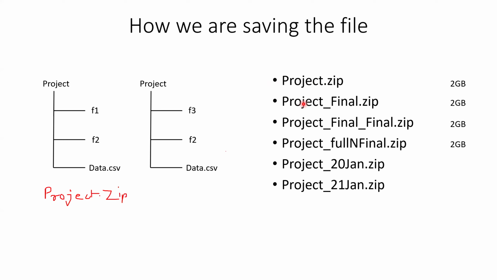Another change, another 2 GB of space, another change, another 2 GB. So if I created 6 versions of it, the one project where the actual size was just 2 GB is now, because of the multiple versions, taking 12 GB of space. How much? It is 12 GB of space.